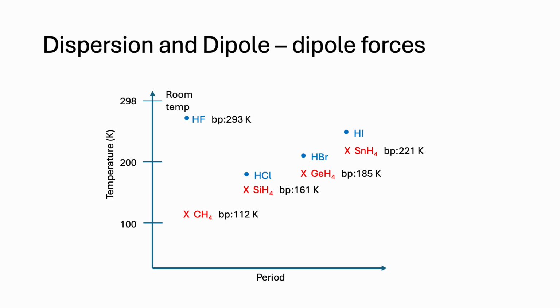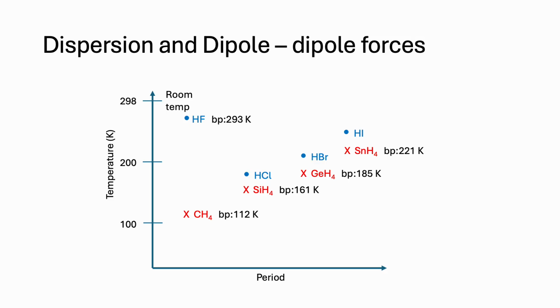Now add the group 17 hydrides to our graph. These molecules have a permanent dipole and experience dipole-dipole forces as well as dispersion forces between the molecules. Consequently, all show a higher boiling point than the group 14 hydride of the same period. We also see an increase in boiling point going from HCl to HBr to HI, and this is a result of increased dispersion forces between the molecules.